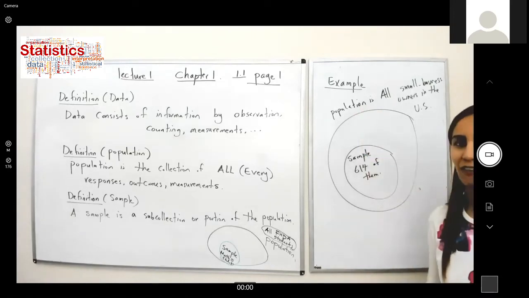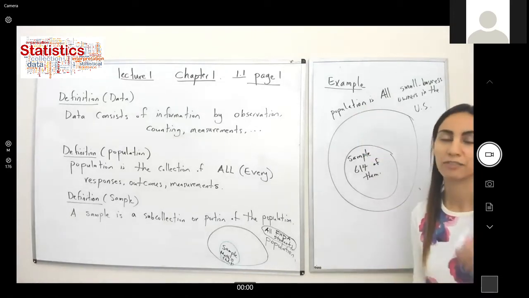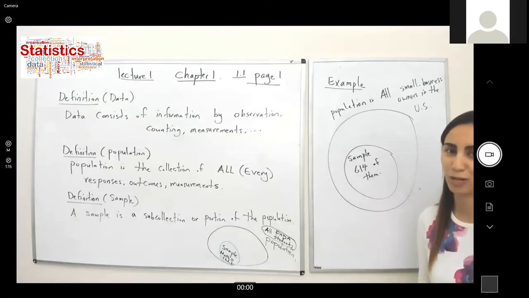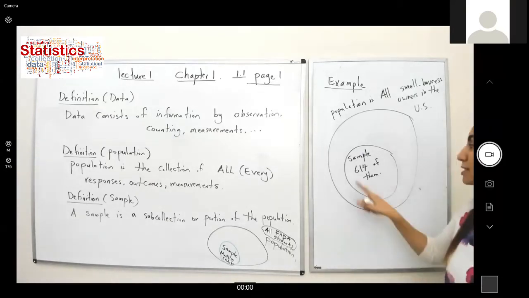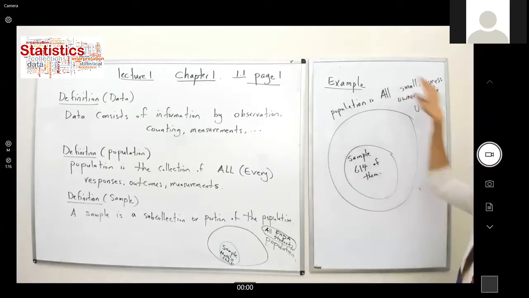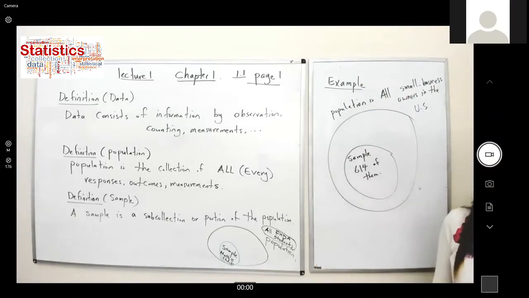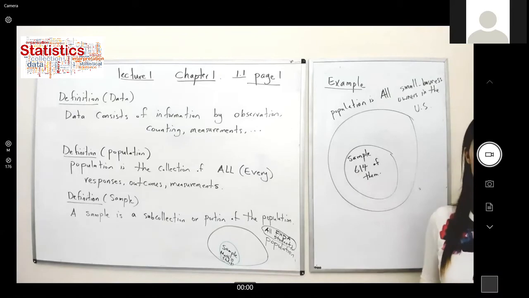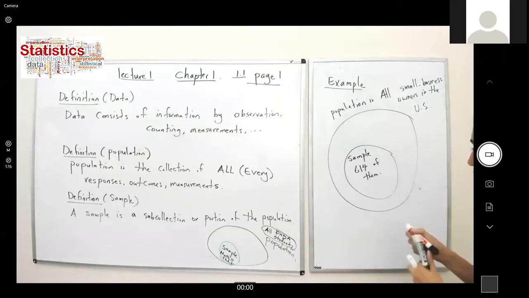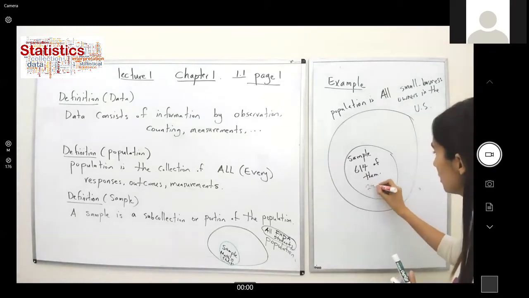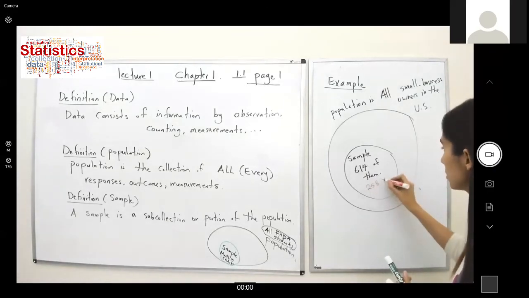Population, we don't have any number that we can associate to the population. What's given? The sample, which includes 614 of all of those small business owners. Some of them responded, some of them didn't respond. So 258 of them responded yes.